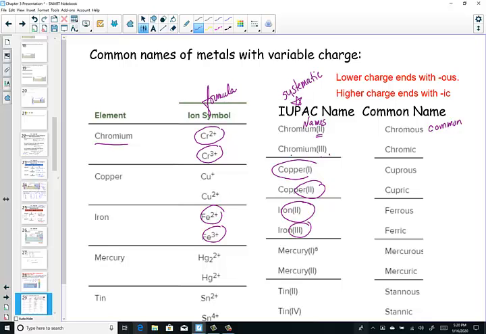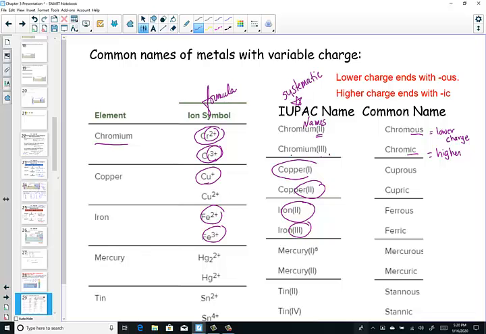Now, in terms of common names, we have a different type of ending, no Roman numerals, but more of a Latin feel to it. Chromous, chromic. Notice that the lower charge, which is the +2 ion for chromium, as compared to the +3 charge, the lower charge gets an ous, the higher charge gets an ic. Chromic or chromous.